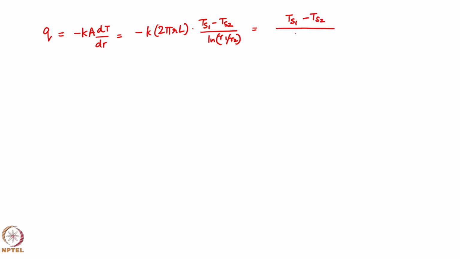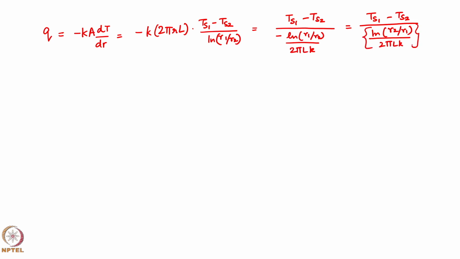So I would get Q is equal to minus KA dT by dr, which is nothing but minus K into 2 pi RL into Ts1 minus Ts2 divided by log of R1 by R2, whole divided by R. So this would give me Ts1 minus Ts2 divided by log of R1 by R2 with a minus sign divided by 2 pi Lk, which is Ts1 minus Ts2 divided by log of R2 by R1 divided by 2 pi Lk.